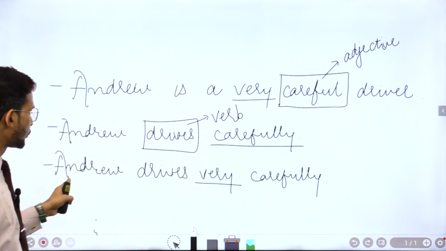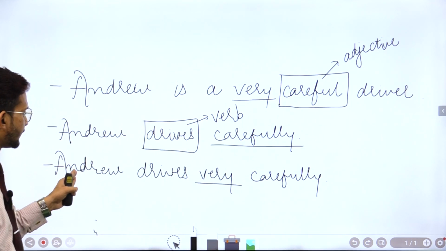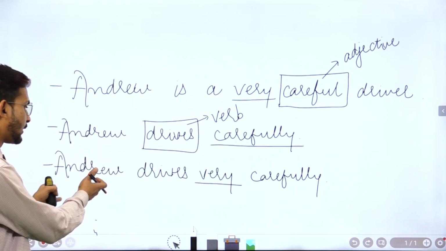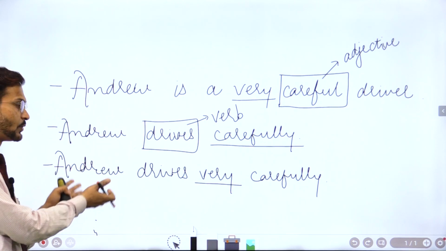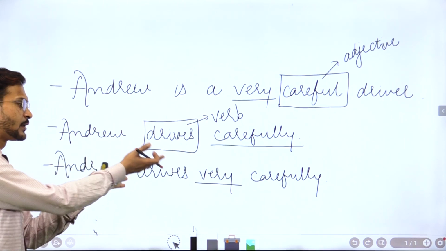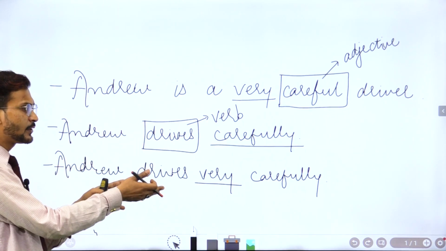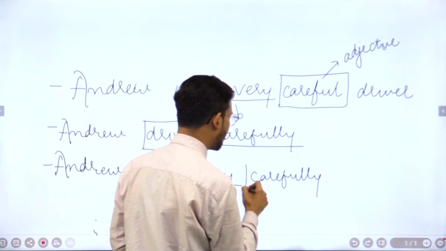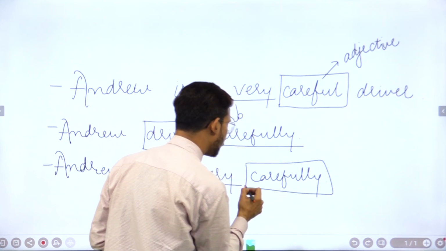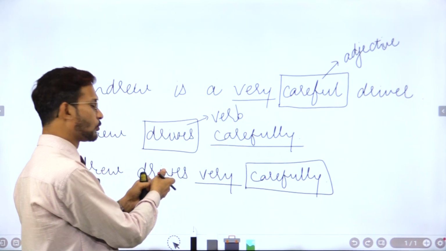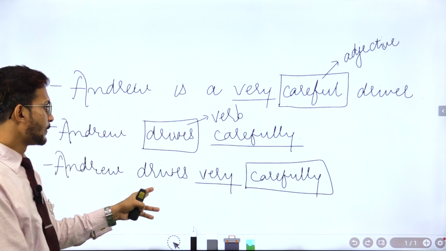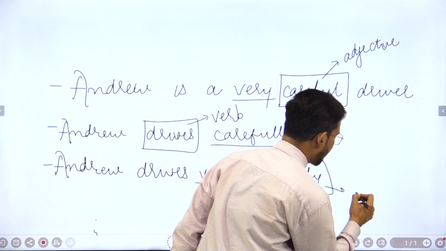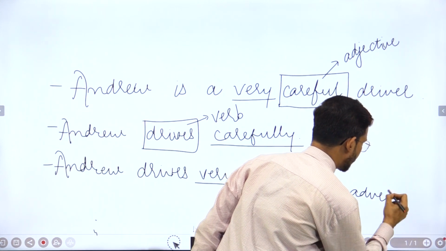Now, let us have a look at the third sentence. The third sentence says, Andrew drives very carefully. Here again, Andrew is the subject because he is performing the action. The action is drives, and then there are two words, very carefully. Both of these words are defining this word drives, so both of them are adverbs in English.